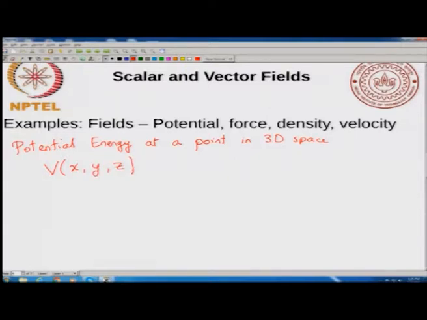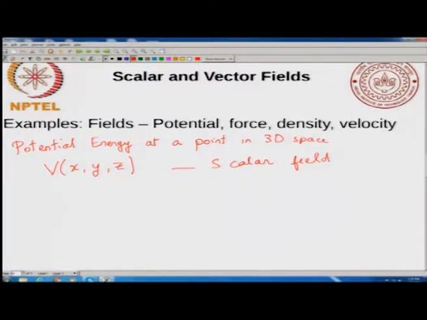So, it is a function of x, y, z. Suppose you take any point in space, you ask what is the potential energy, that is written as V of x, y, z. Okay. So, this is an example of a scalar field, because the potential energy is a scalar.